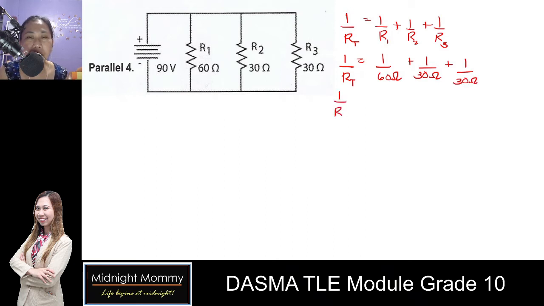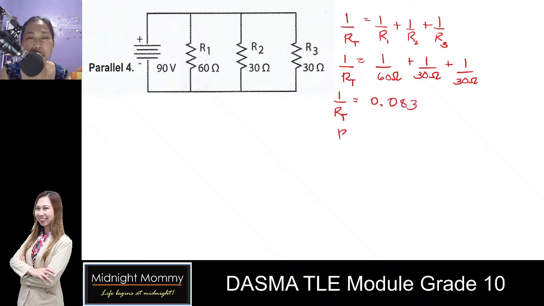Okay, so again, sa calculator, alam niyo na kung paano ito papaganahin. So, 1 divided by 60 plus 1 divided by 30 plus 1 divided by 30. Again, kailangan make sure nyo na nakalagay yon sa parenthesis. Okay? So, sagot po rito is 0.083.